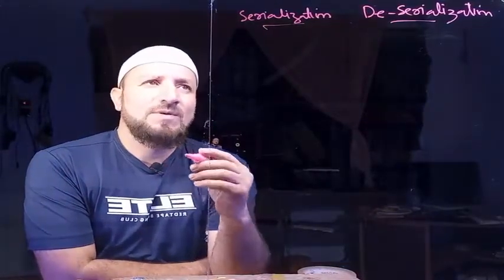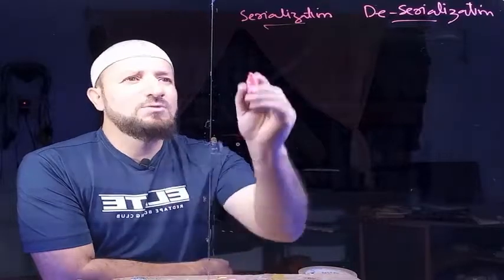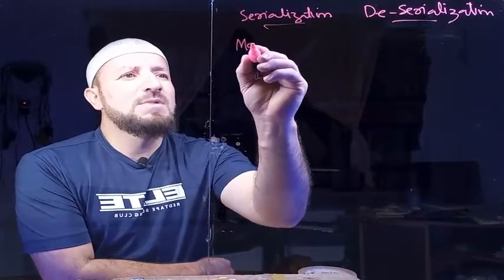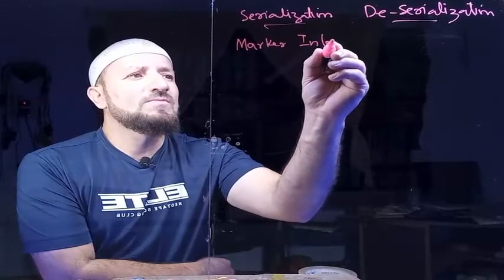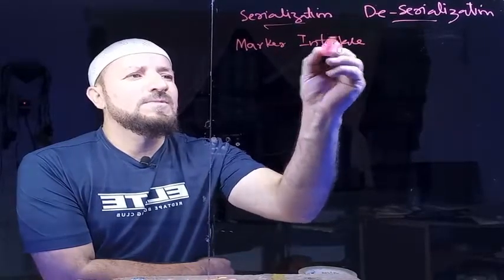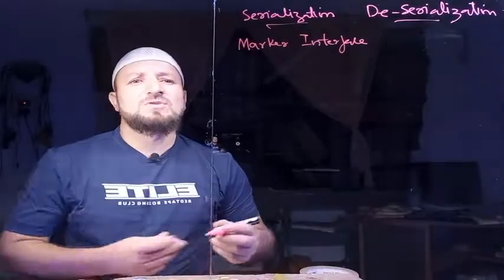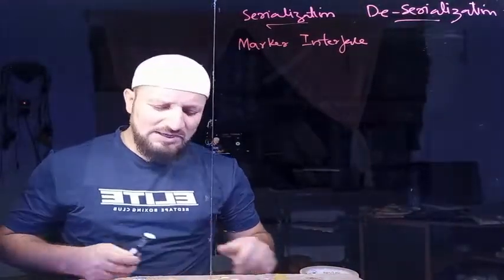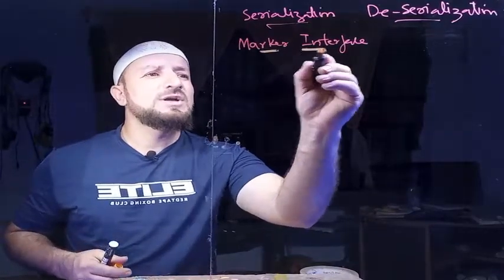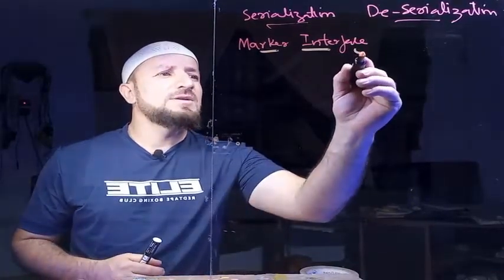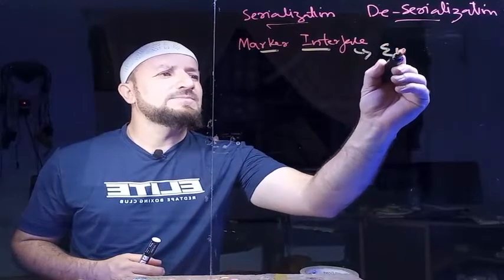Basically, before we discuss this thing, we need to know what is a marker interface. The interfaces we already know. Then what is the marker interface? This marker interface is something which is totally empty.